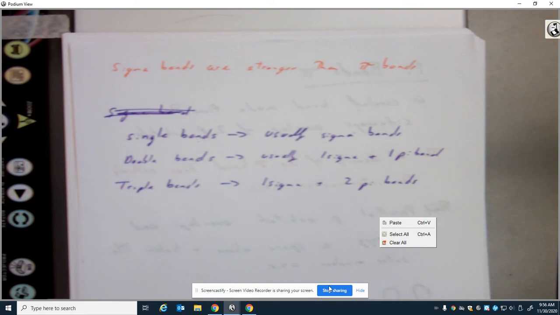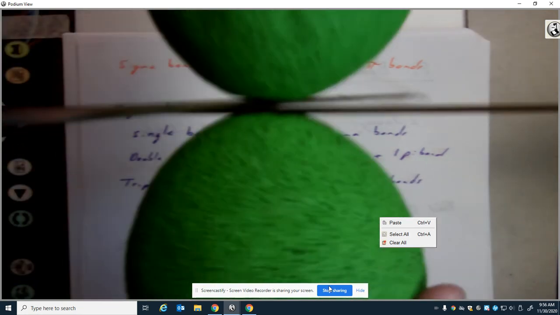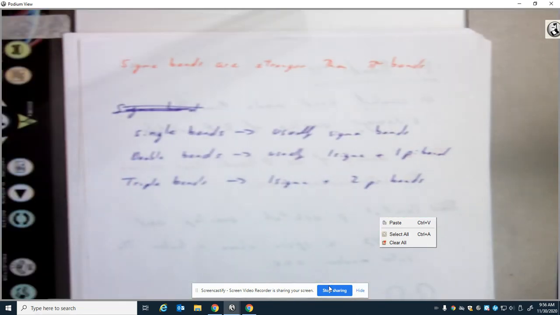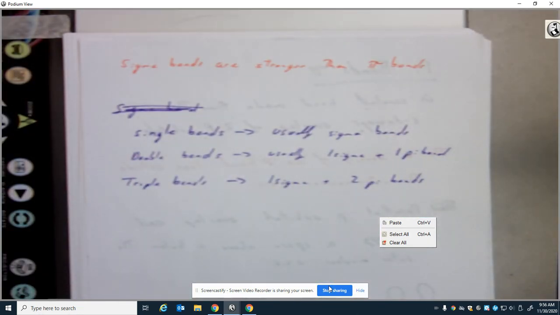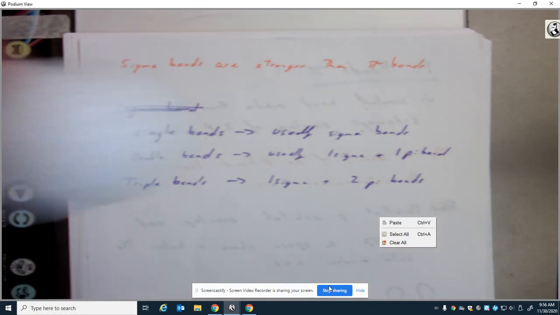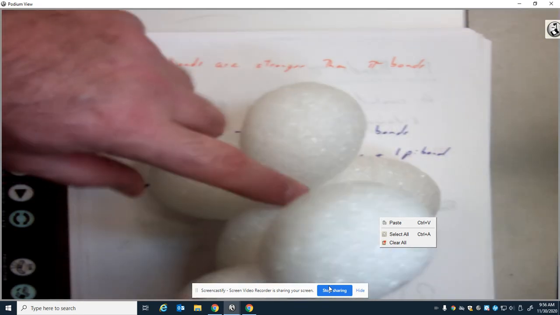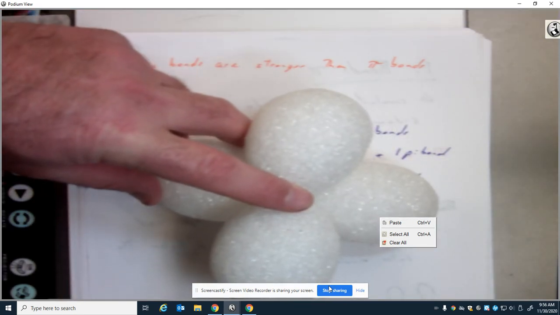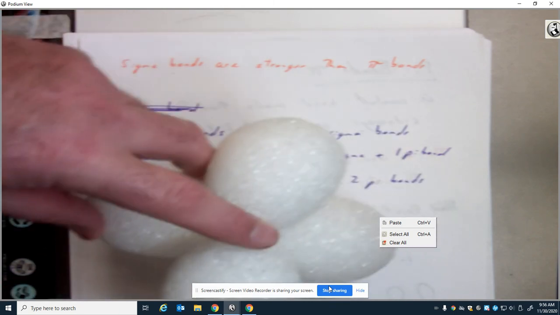Now, I don't think this is going to show up. It's too big. Of course. What a pain this is. So if you remember how our P's are set up, they're like this, and then this would be coming out.